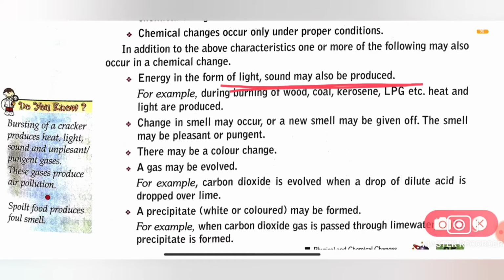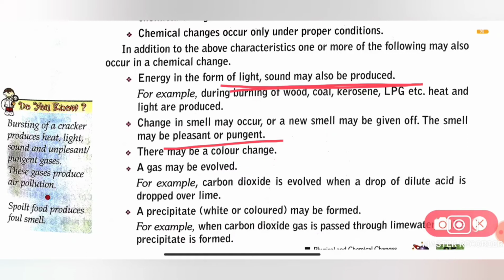Change in smell may occur or a new smell may be given off. The smell may be pleasant or pungent. The smell may change, a new smell may be created, or it may be different from what it was before. That smell may be good or bad. Color may also change.